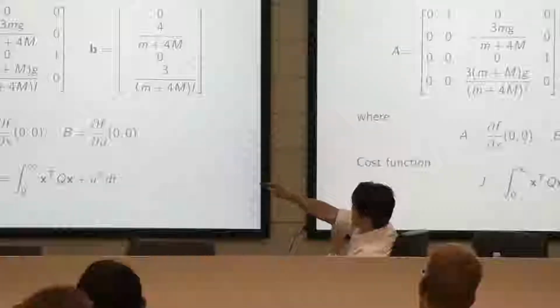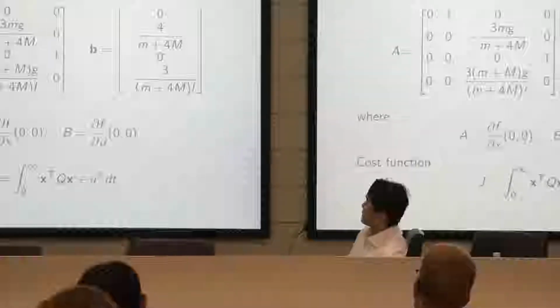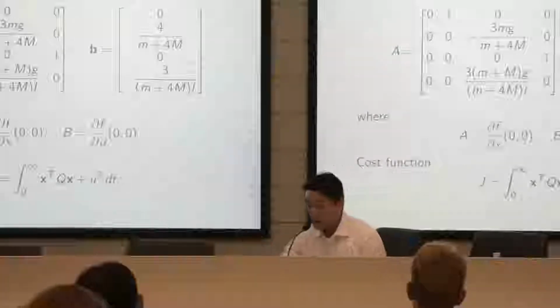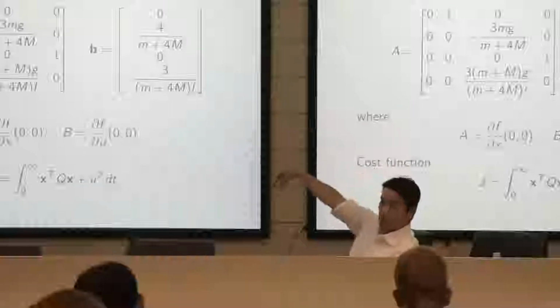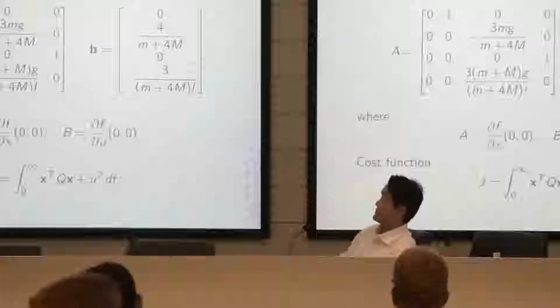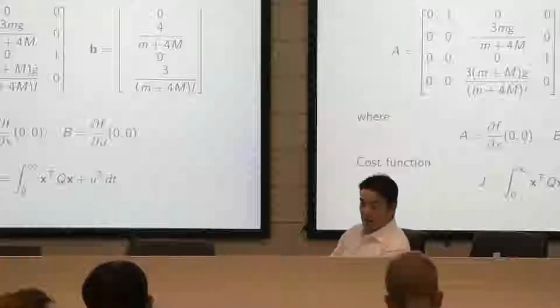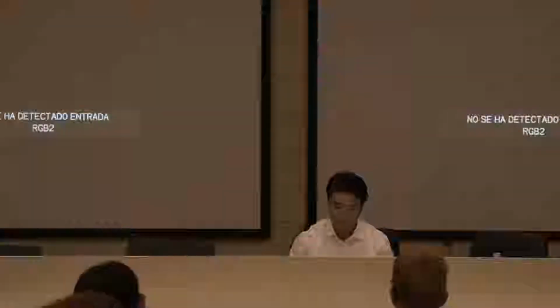And these B are the same. So this is the derivation of the model. And once we get this model, we just throw this data into MATLAB. Then MATLAB will compute the feedback control. So from now on, I will move on to MATLAB.